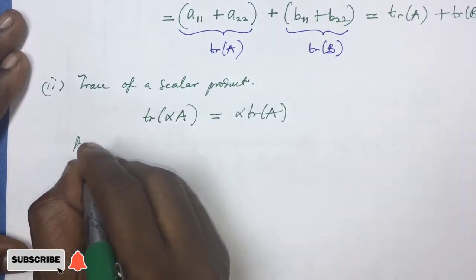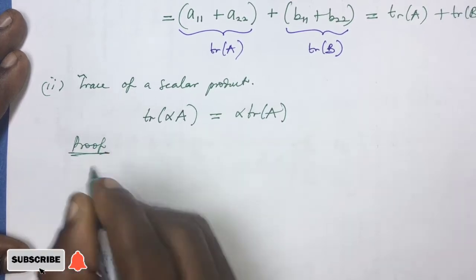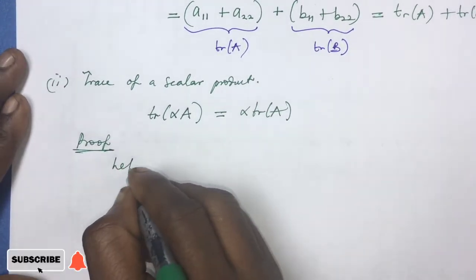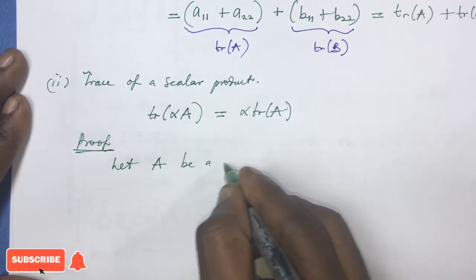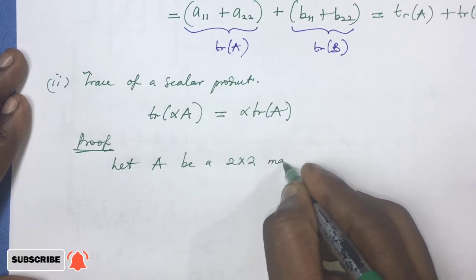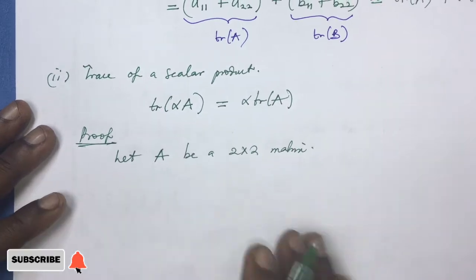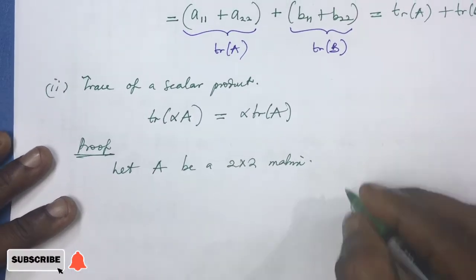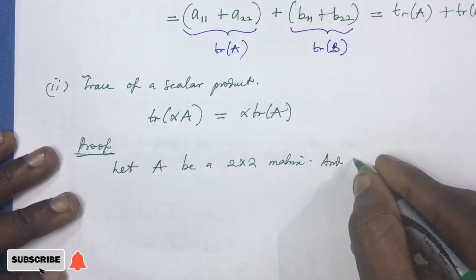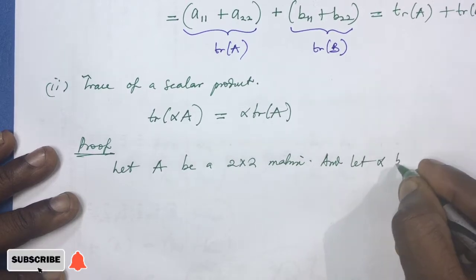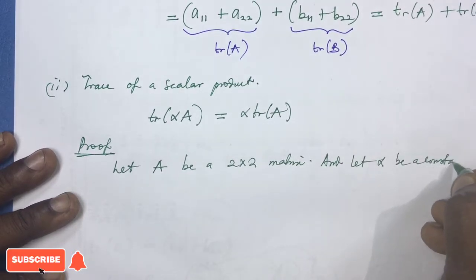So I'm going to write here proof. Again, I'm going to use a 2 by 2 matrix. So let A be a 2 by 2 matrix, and let alpha be a constant or a scalar.